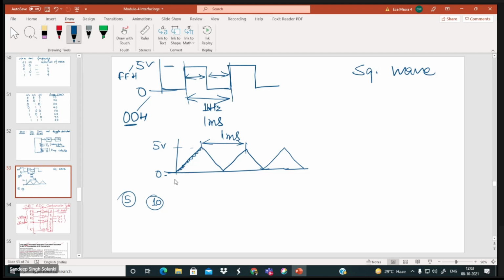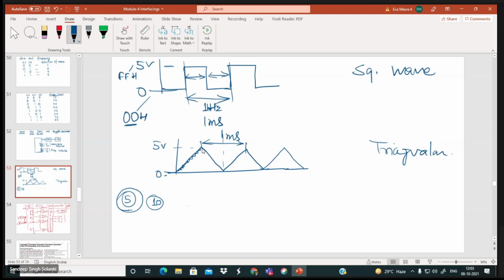So here, for generation of this triangular wave, what is to be done? You have to first decide about the step size, and based on your step size, decide how many steps are needed. If you see 0.5 this side and 0.5 this side, during the increment time, 0.5, during the decrement time, 0.5.